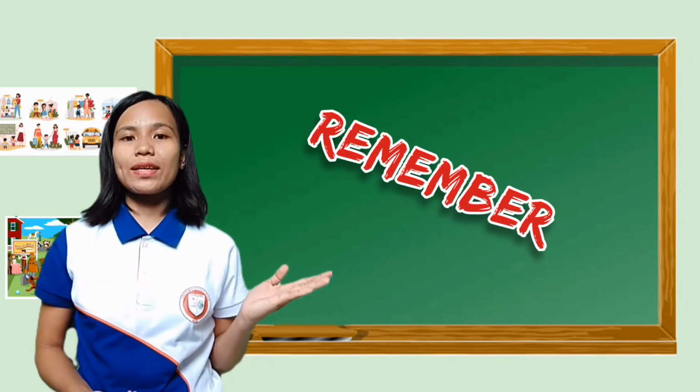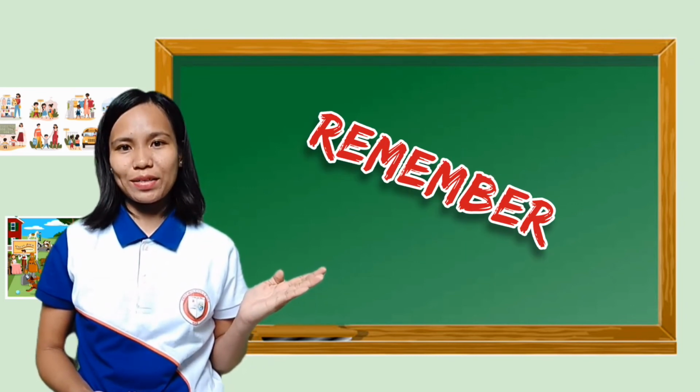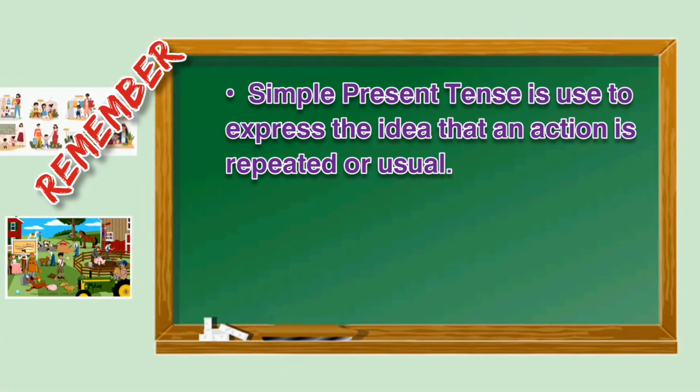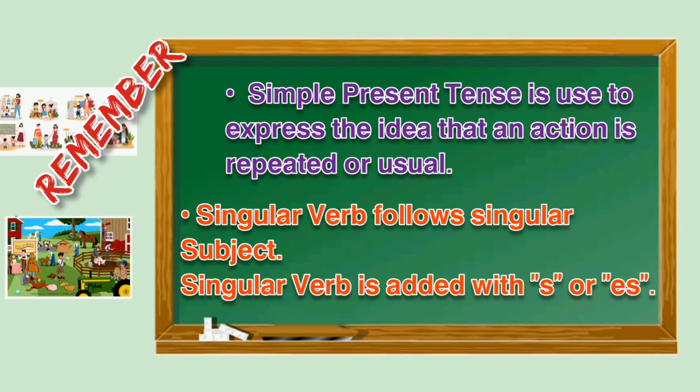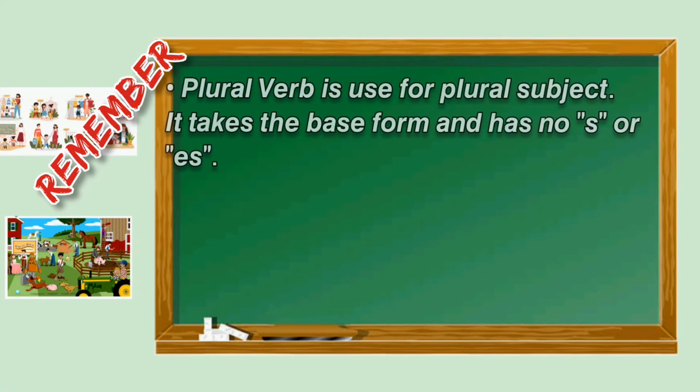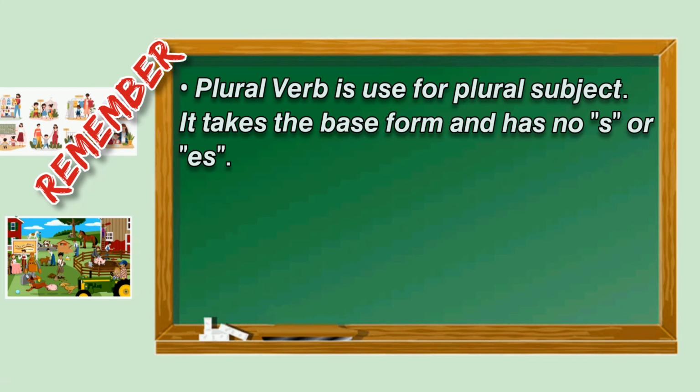So, these are the things that you're going to remember in our lesson. Simple present tense is used to express the idea that an action is repeated or usual. A singular verb follows a singular subject. A singular verb is added with s or es. A plural verb is used for a plural subject. It takes the base form and has no s or es.